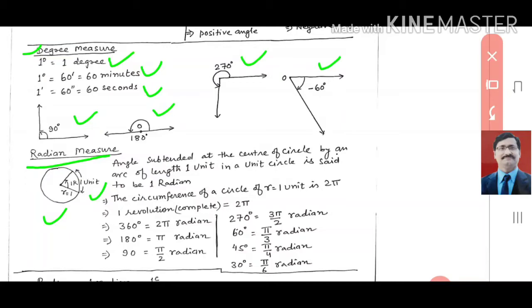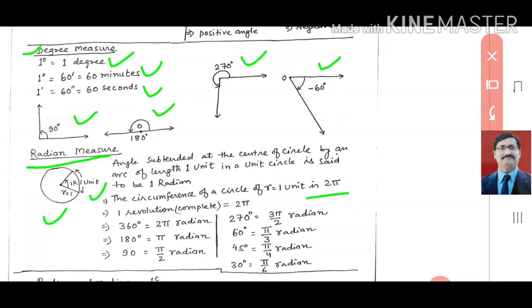When the radius is 1 unit and the length of the arc is 1 unit, at that time the angle will be 1 radian. So the angle subtended at the center of a circle by an arc of length 1 unit in a unit circle is said to be 1 radian. So look here, the circumference of a circle of radius r equal to 1 unit is 2 pi.